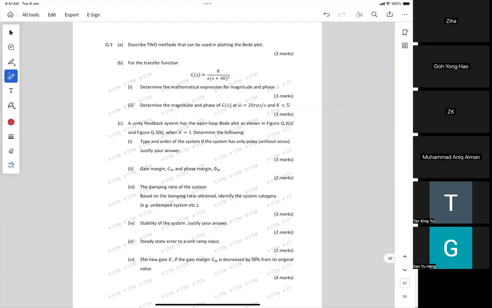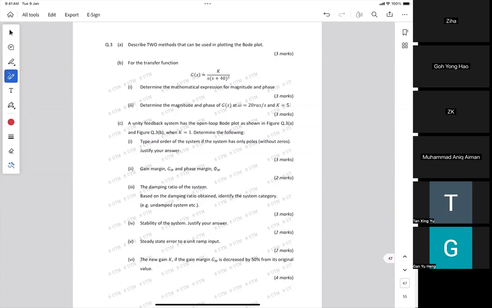Question 3A. Describe two methods that can be used in plotting the bode plot. B. For the transfer function G(s) equals K over s plus 40 squared, determine the mathematical expression for magnitude and phase. B2. Determine the magnitude and phase of G(s) at omega 20 radian per second and K equals 5.